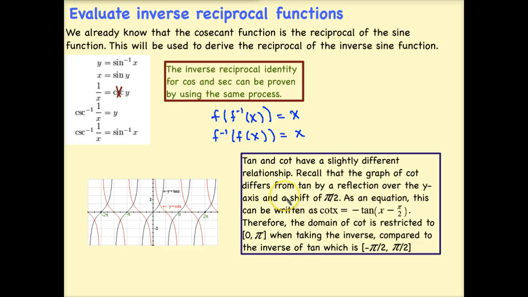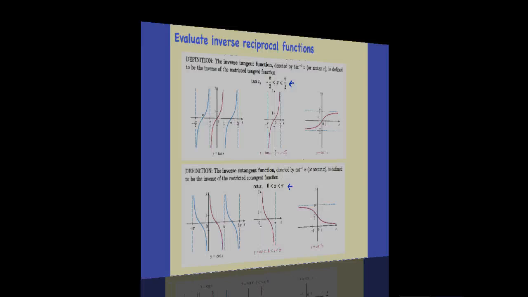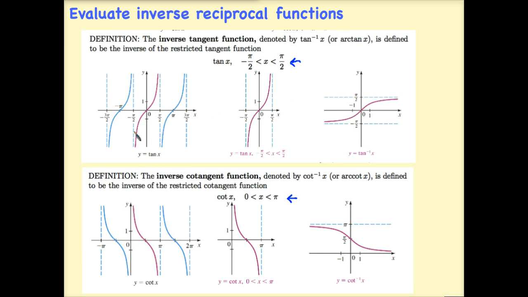The other thing that we need to consider is tangent and cotangent, and their different domain restrictions. Notice the black line is our tangent, the red line is our cotangent. When we are restricting the domain in order to have an inverse, we restrict those differently. Let's look at an example. In this top one, we have tangent.